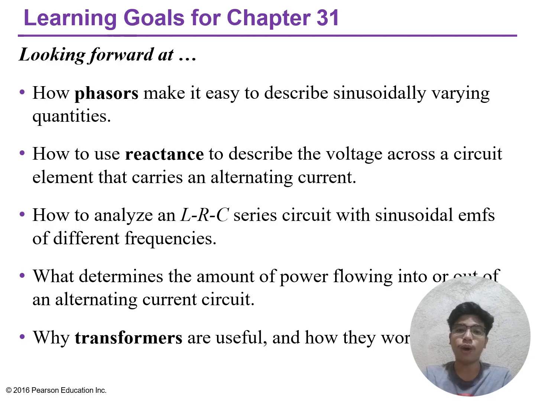Third, how to analyze an LRC series circuit with sinusoidal EMFs of different frequencies. Fourth, what determines the amount of power flowing into or out of an alternating current circuit. And the last one is why transformers are useful and how they work.